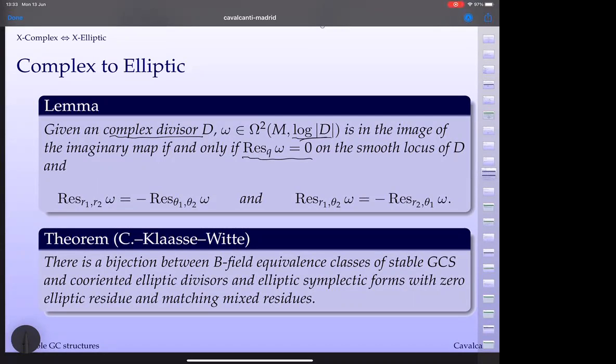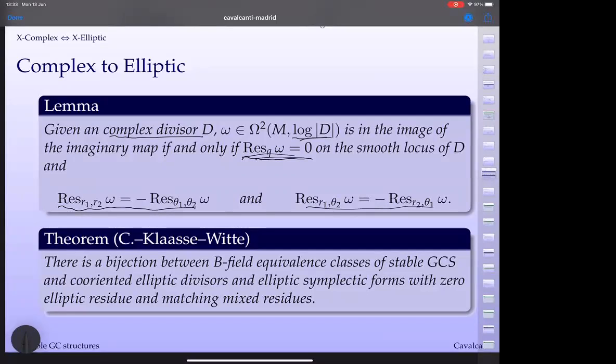And whenever 2 strands come together, I need to have this coincidence of residues. If I have that, then I know that my symplectic form comes from the complex one, and therefore it is a generalized complex structure. So right now I'm in the business of looking for symplectic structures on this elliptic tangent space which have these matching residues plus vanishing of the residue in the smooth part. Okay.